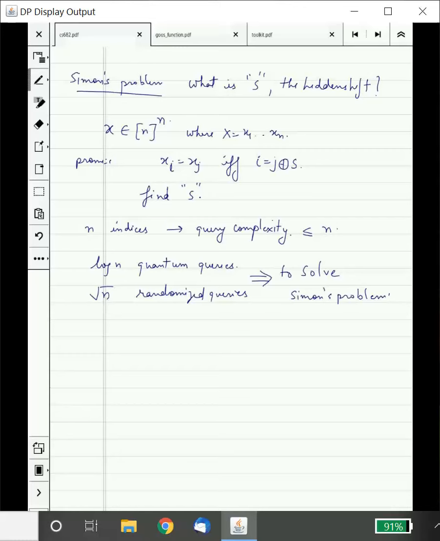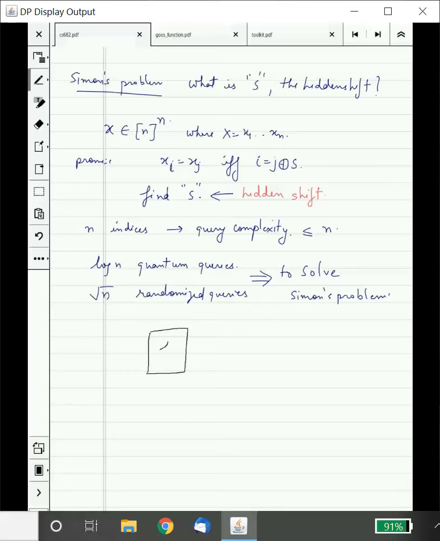We wanted to figure out the hidden shift. This s was called a hidden shift. The objective is to find the hidden shift given the oracle access to this string x. In this case, if you think of it, even our oracle is slightly different.